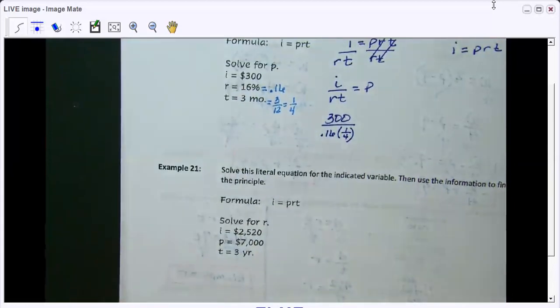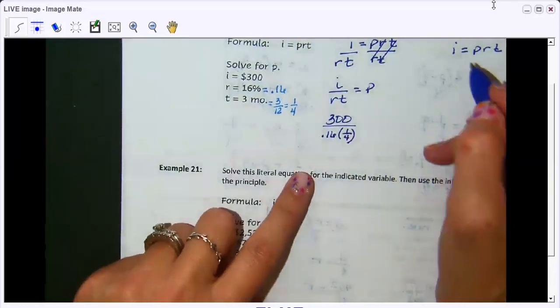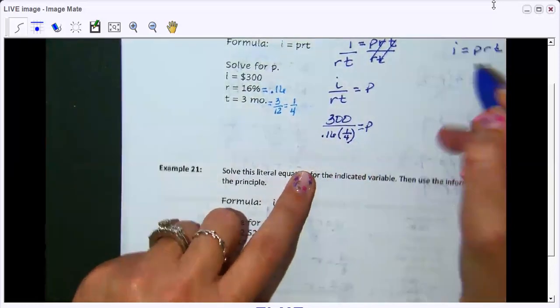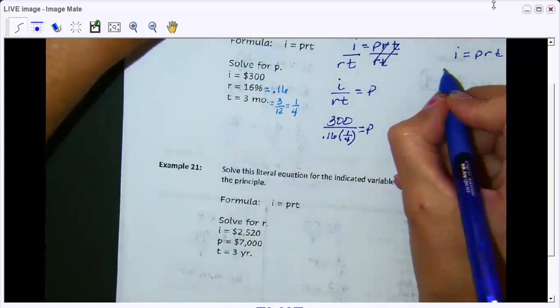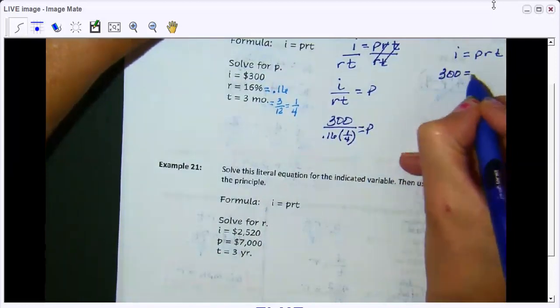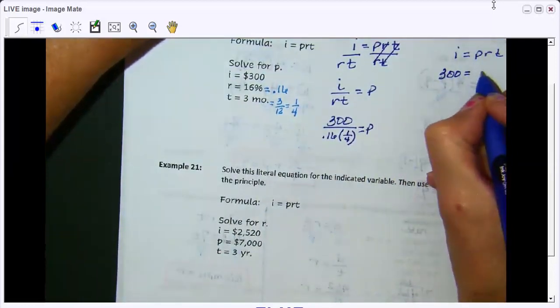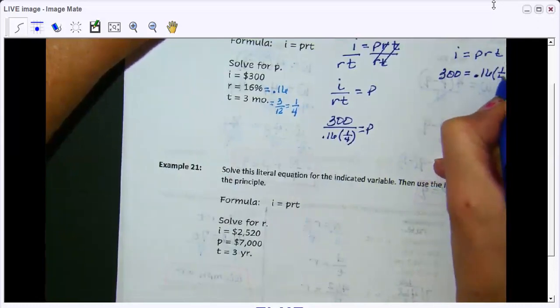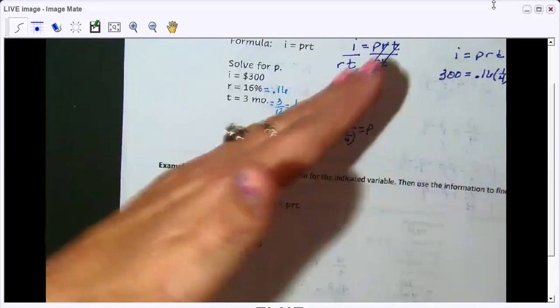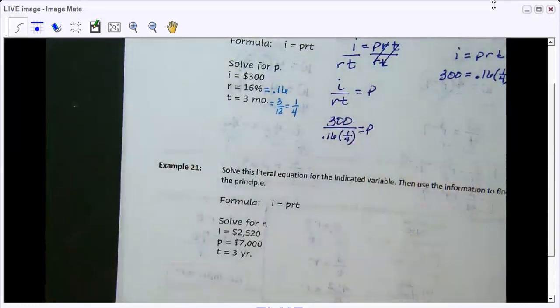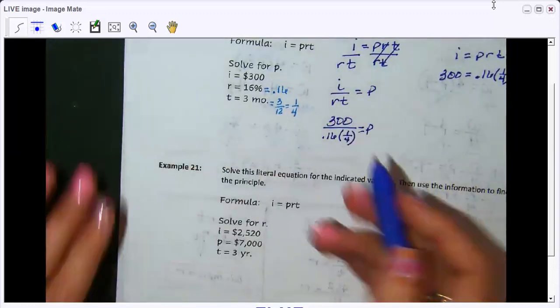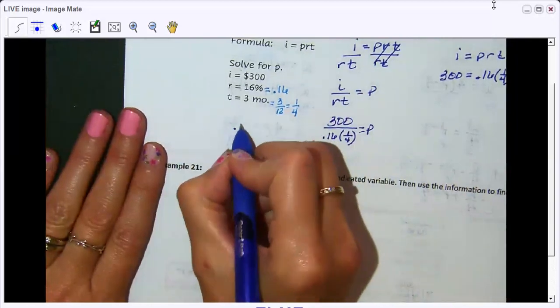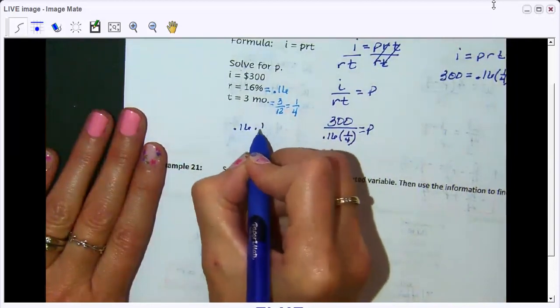Yes, you could turn that into a decimal and then just multiply your decimals. If you wrote it up here, our interest is 300, we don't know what our principal is, our rate is 0.16 times our time, which is 1/4, P. So you could solve this either way. What is 0.16 times 1/4?